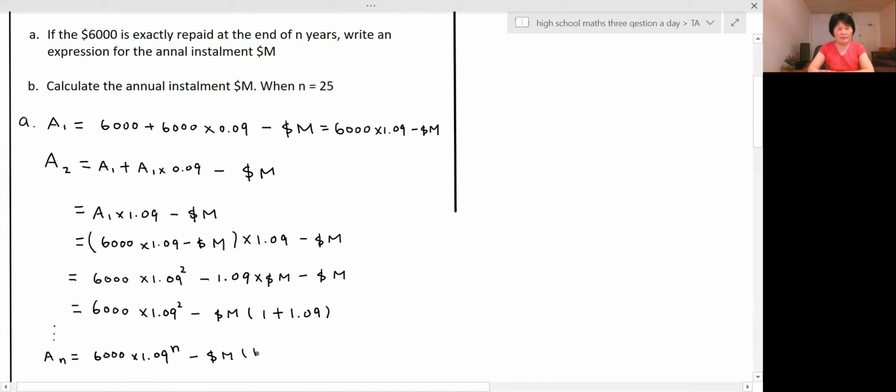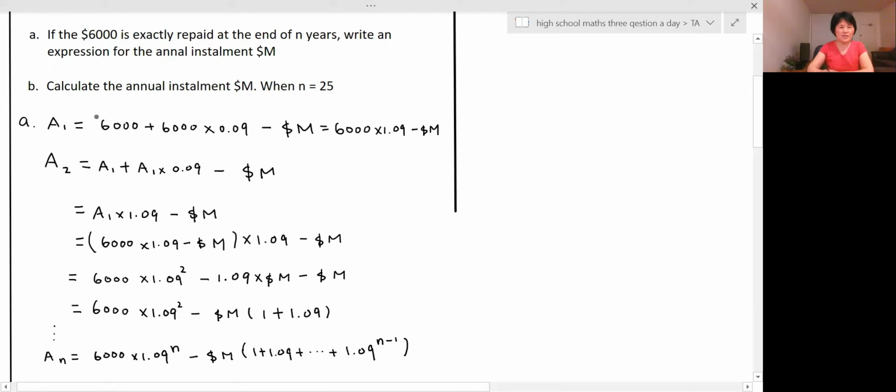This is the 1 plus this is the 1.09 plus 1.09. What is this power? If this is the 2, this is the power 1. So now this is the N. So this is the last term. Okay, at the end of the N years, the balance.